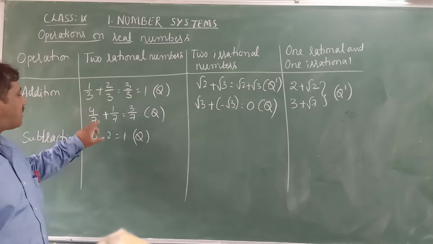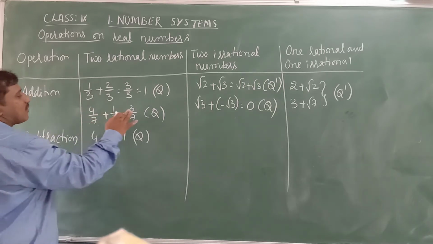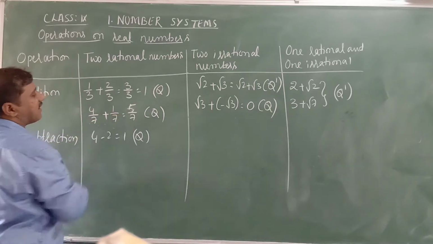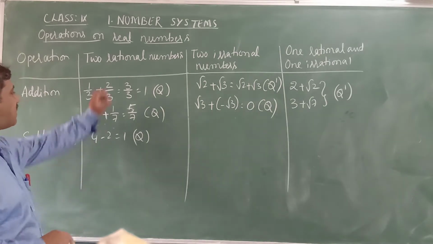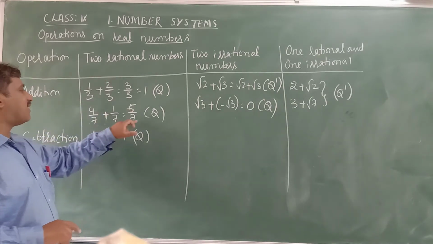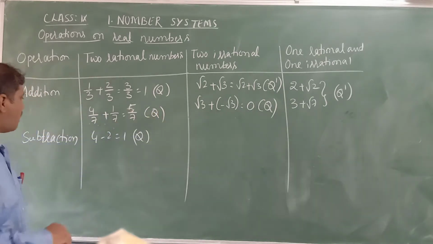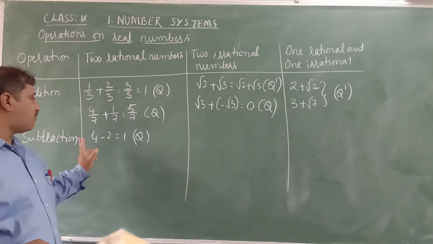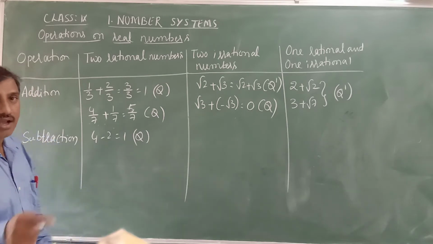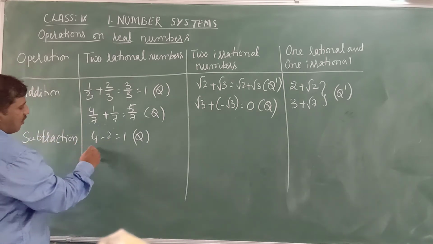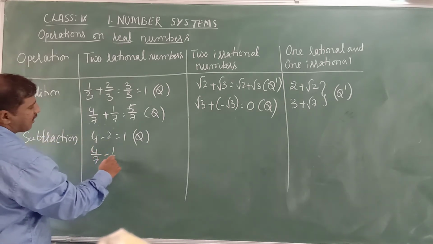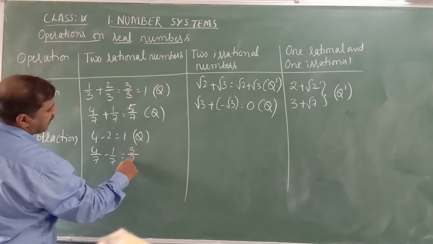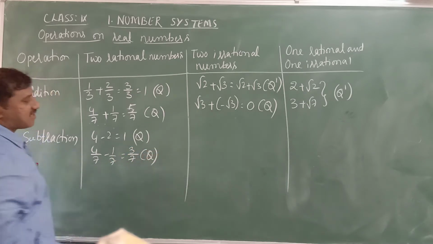Under addition, 4 by 7 plus 1 by 7 equals 5 by 7. So it's a small correction. 5 by 7 is also a rational number under addition. Now subtraction. The difference of two rational numbers, 4 minus 2 is equal to 2, which is a rational number. Now 4 by 7 minus 1 by 7 is equal to 3 by 7. It is also a rational number.